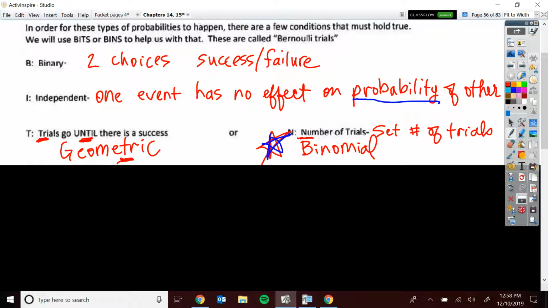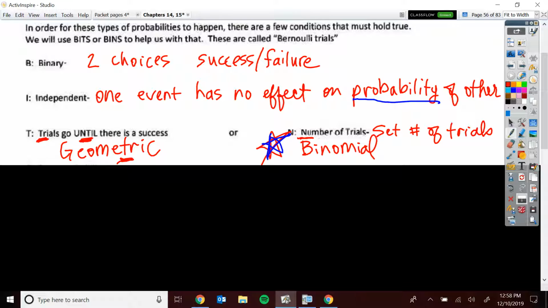But today, we will be told a set number of trials. We'll say out of 10 people or out of 15 people or whatever, what's the probability that you get exactly 3? So out of a set number, what's the probability you get this many?